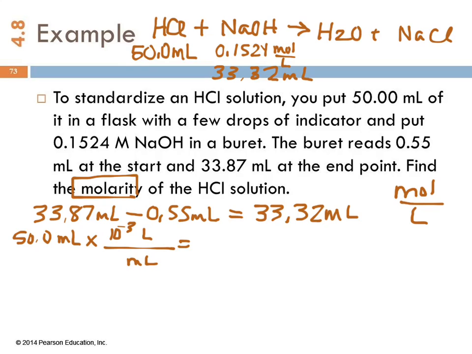The shortcut way, and we deal with milli and kilo a lot, so you take this decimal point and you move it over 3 places. So it's 0.0500 liters.